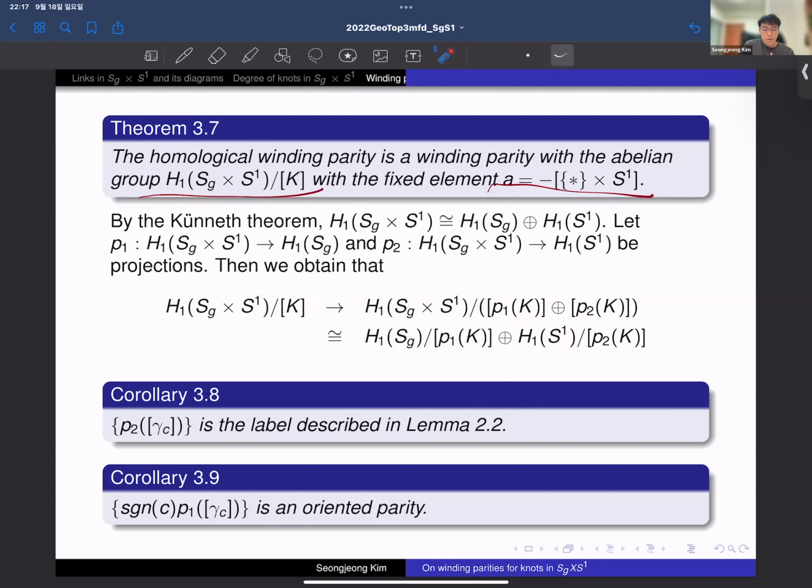If we consider just this part, then we get the label defined in the previous section. And moreover, if we consider just this part, then it becomes an orientable parity, which is one of the generalizations of parity considered by Igor Mikhailovich.